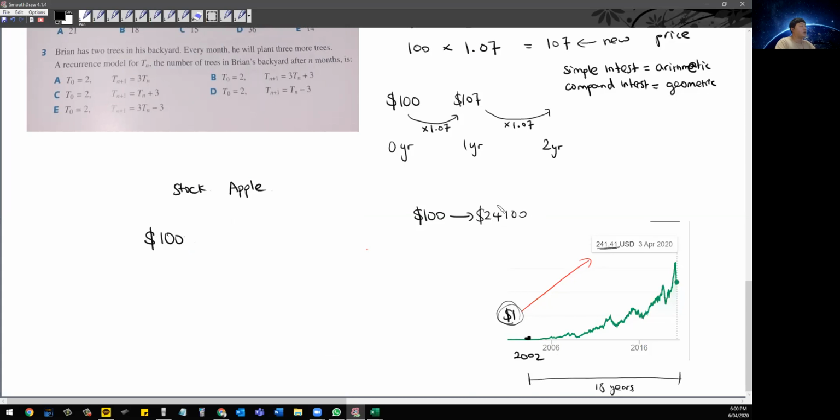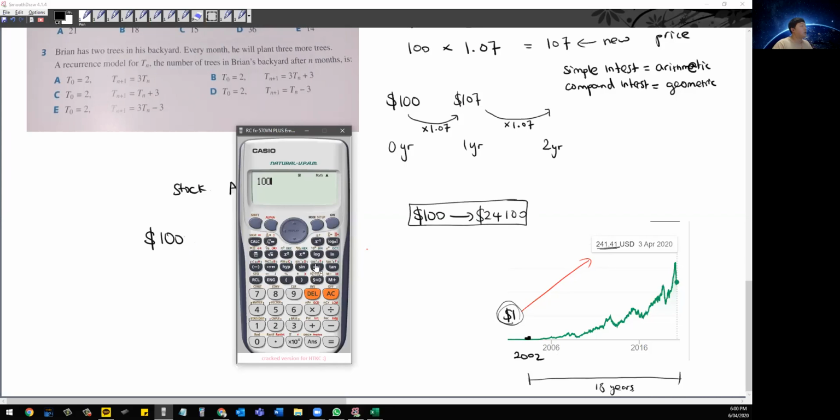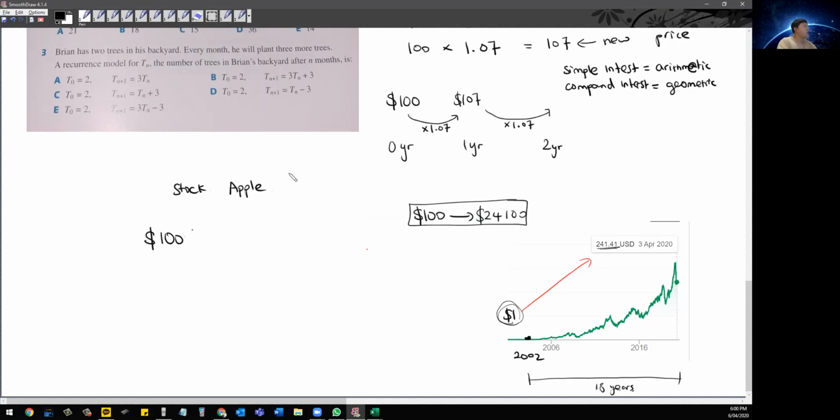That's the actual historical result. But let's suppose there is another stock. This stock, Apple, went from $100 to $24,100 over let's say 18 years.